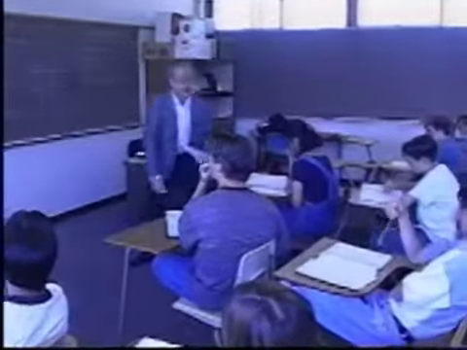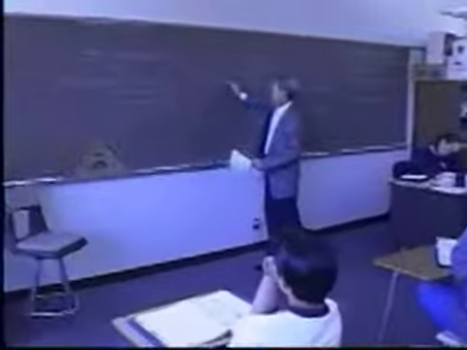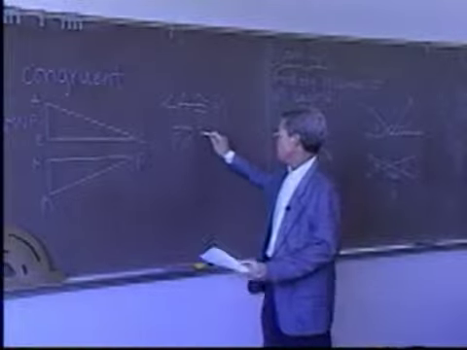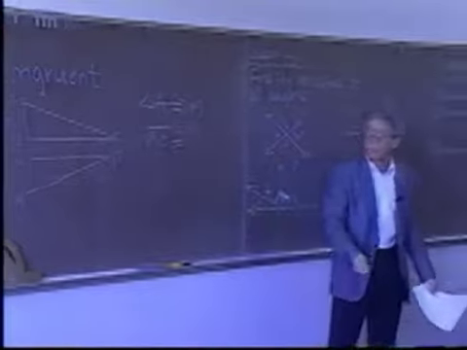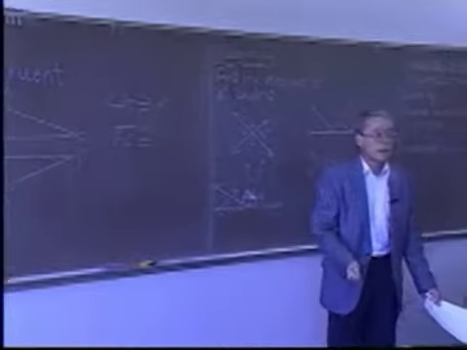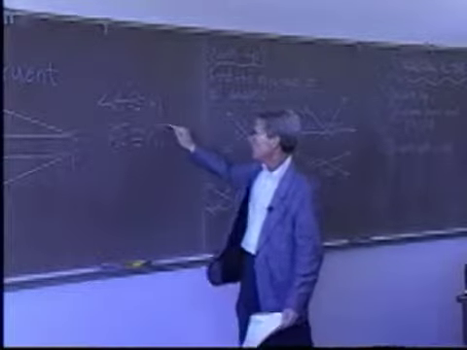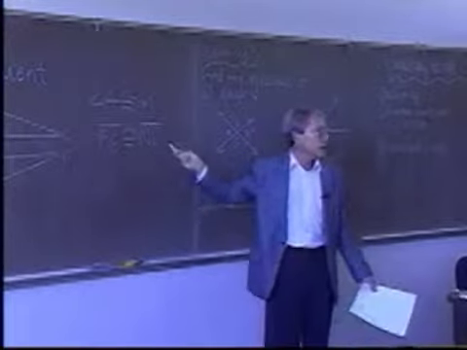Veronica? Angle M. Line segment NP would be congruent with which line segment in the bottom triangle? Carrie? NP. Remember the symbol for line segment.